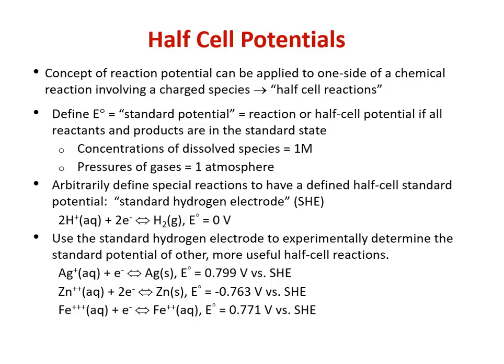So we arbitrarily define a special reaction as having a defined half-cell standard potential, and that reaction is reduction of hydrogen ions to hydrogen gas with 1 molar concentration of hydrogen ions and 1 atmosphere pressure of the hydrogen gas.